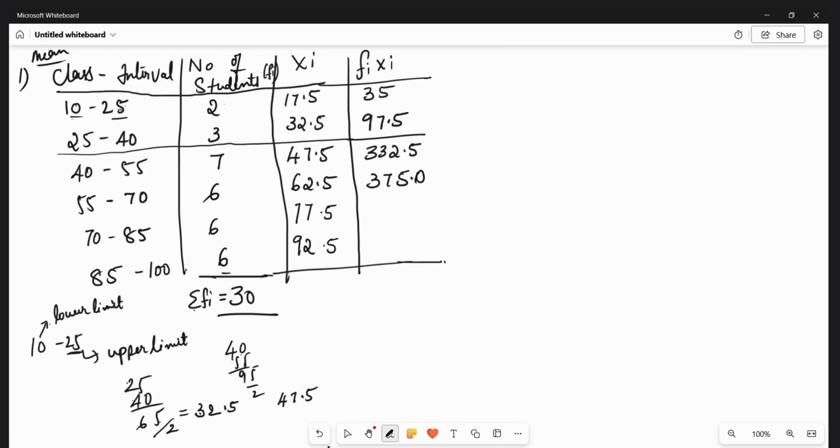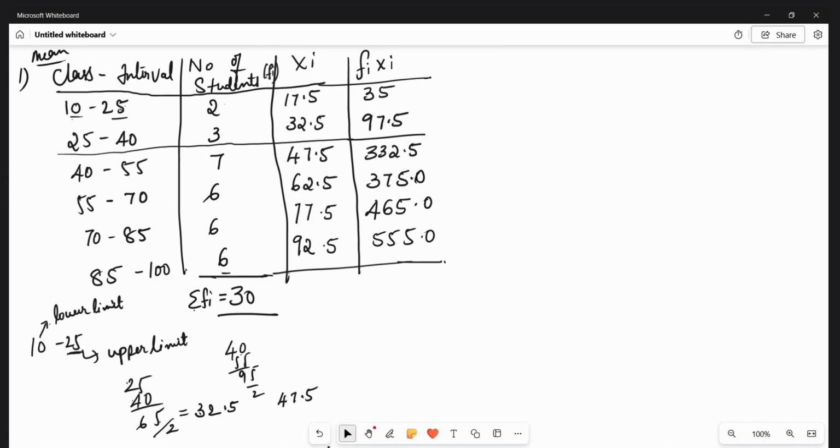Next, 77.5 into 6. How much will you get? 465. Then 92.5 into 6 will get 555. Okay, now this is fi into xi.